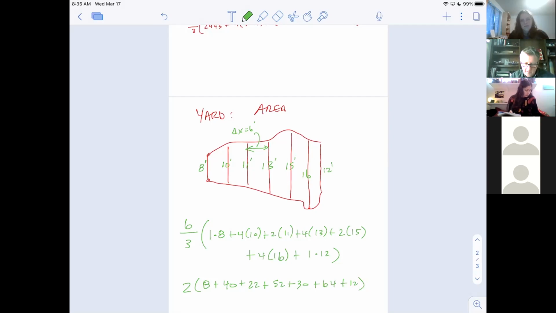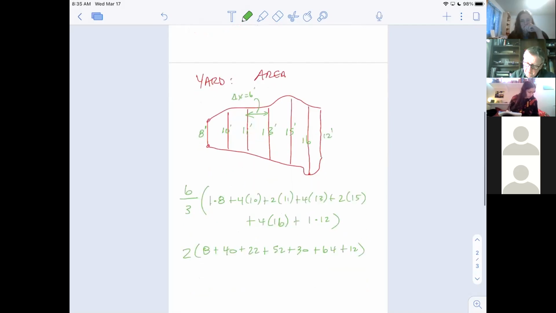And so this is just remarkable that it works. And we don't really have any way to check this, but 40 plus 8 plus 22 plus 52, making sure I'm typing all this in right, plus 94 plus 12, got 228 multiplied by 2, I got 456. So 456 square feet is a great estimate for its area.